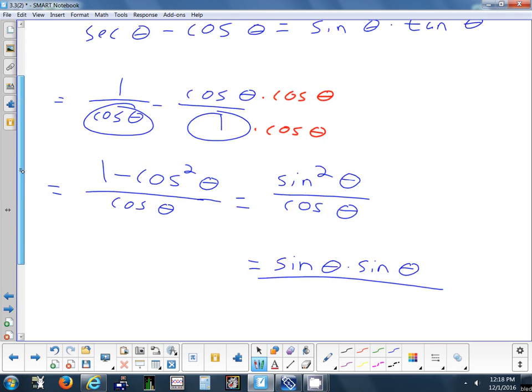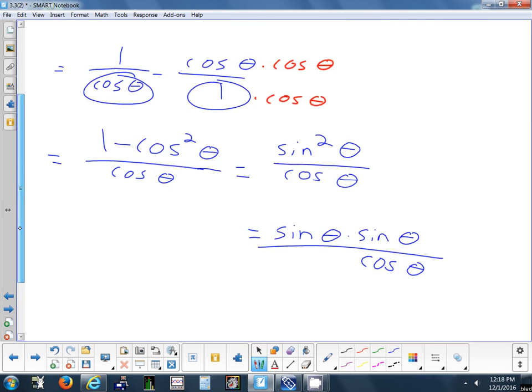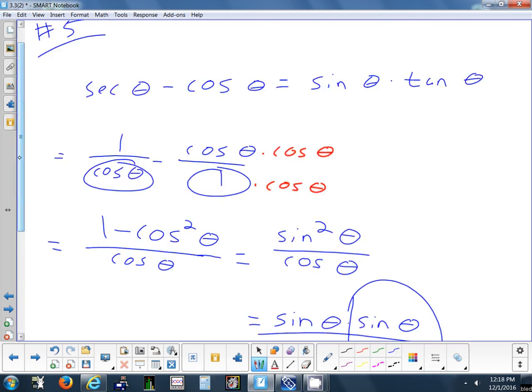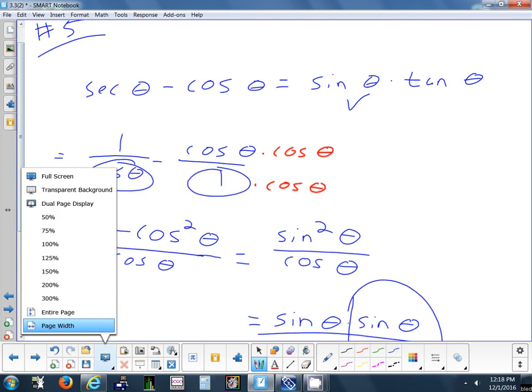I still have my cosine in the bottom. Now, look at what I just wrote right here. Sine divided by cosine, that's a quotient identity, that's tangent. And I'm still left with the sine in front, which is what they were looking for right there.